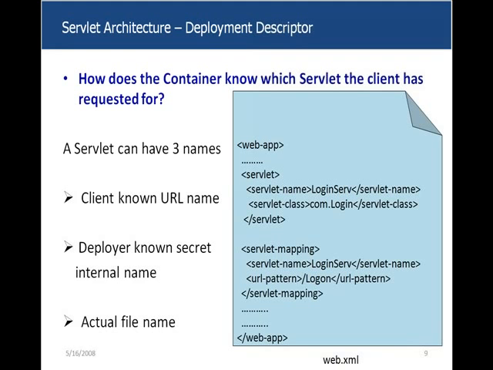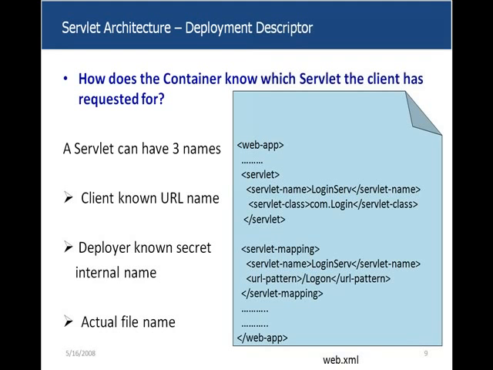Now, we've discussed that a servlet comes into the picture when you need dynamic content. We've also discussed that the client doesn't directly talk to a servlet, it has to go via the web container. But how does the web container know which servlet can serve the request made by the client?